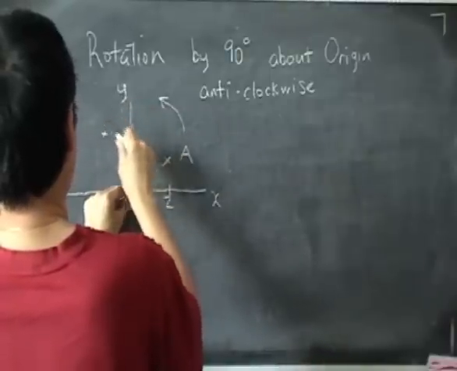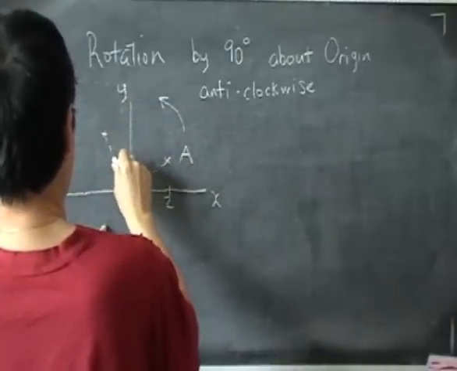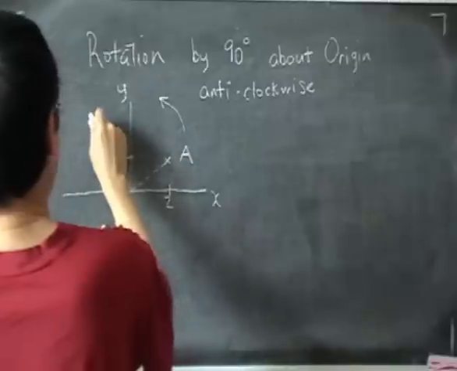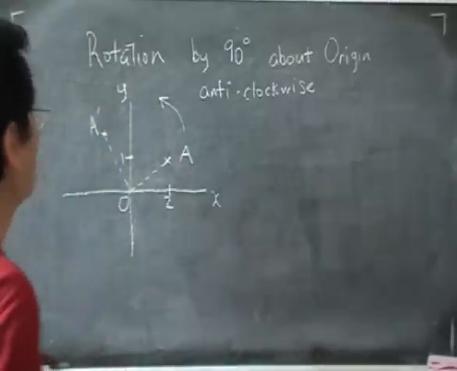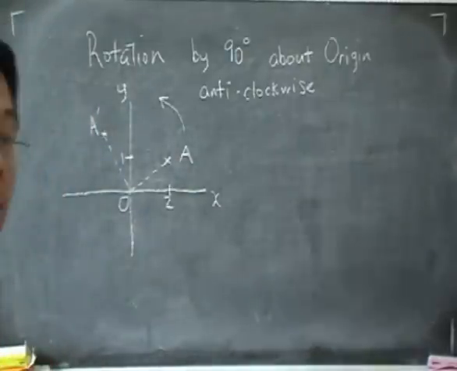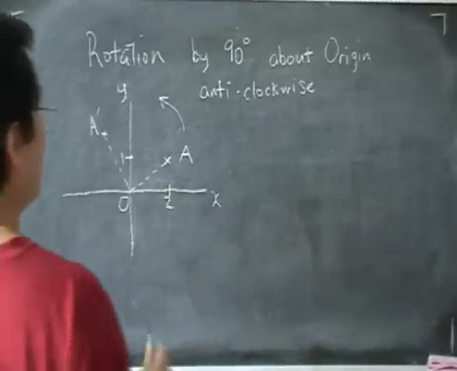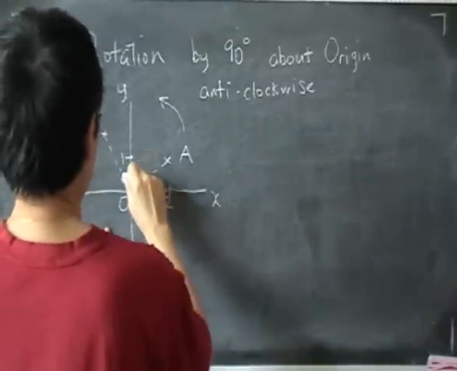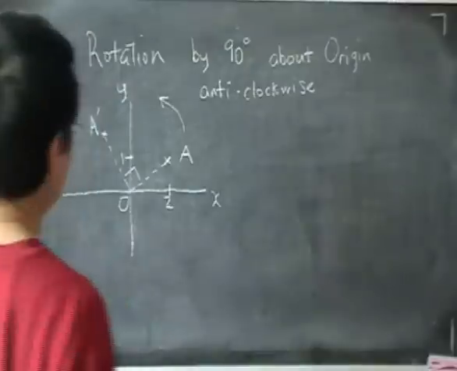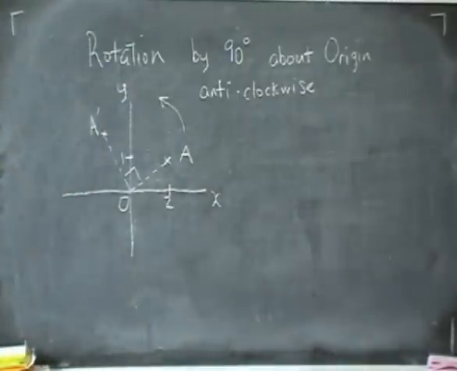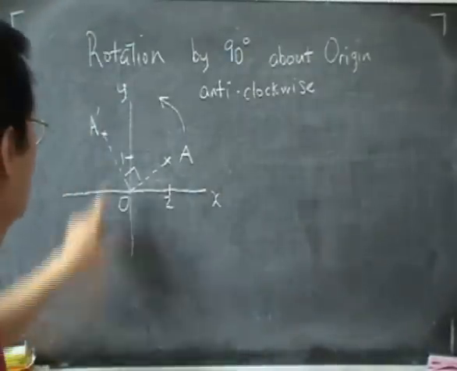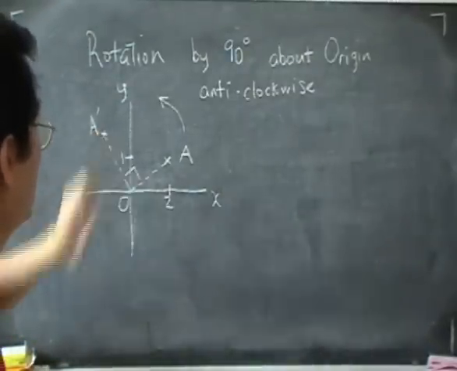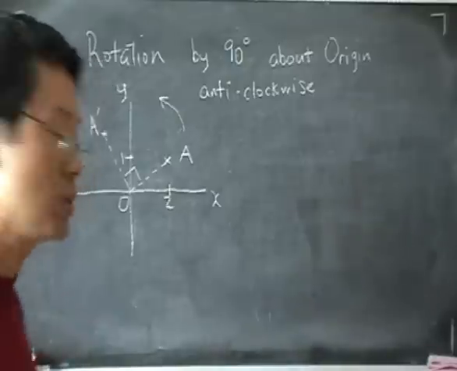So it is somewhere there that I can find the image. And you need to rotate by 90°. That's the angle. So the problem is, what are the coordinates of A prime of this image?